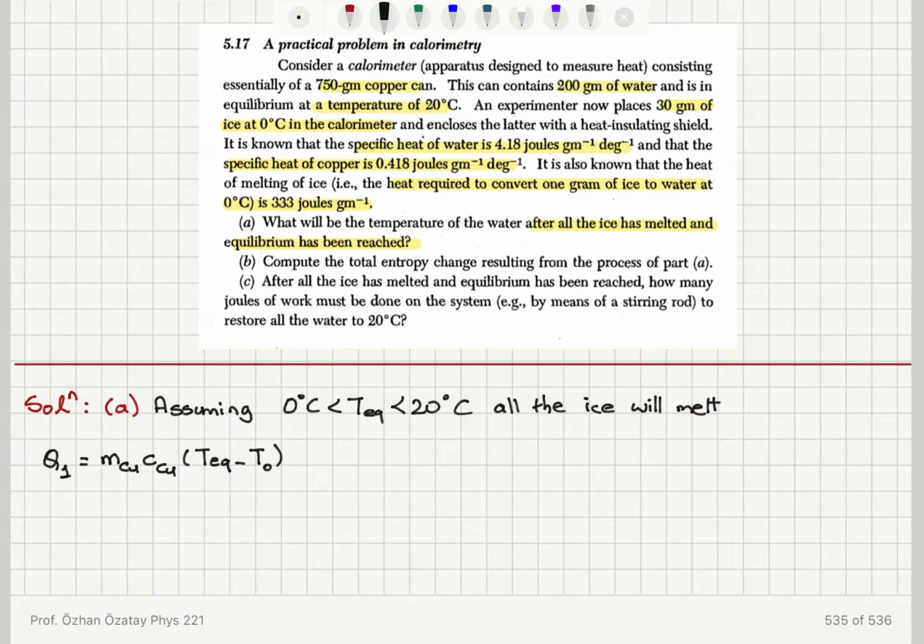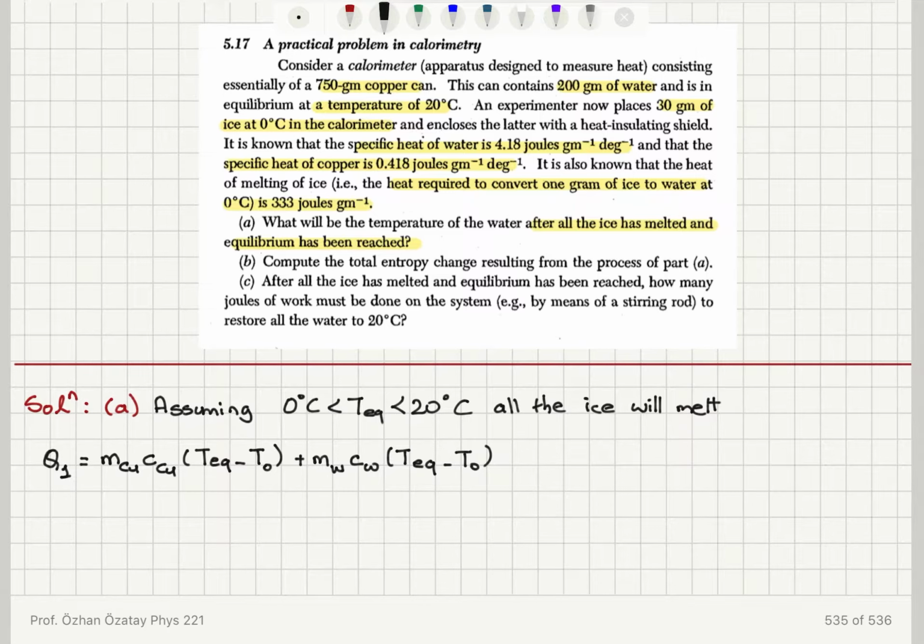And then the water inside will be absorbing heat, mass of water, specific heat of water, the equilibrium temperature of water minus T0. So this will be the heat absorbed by the water.